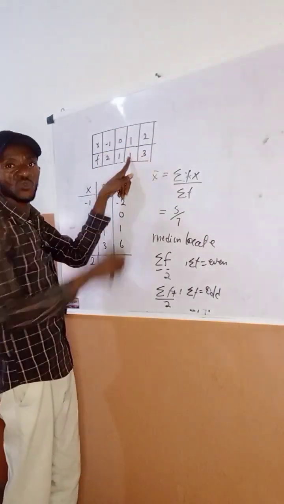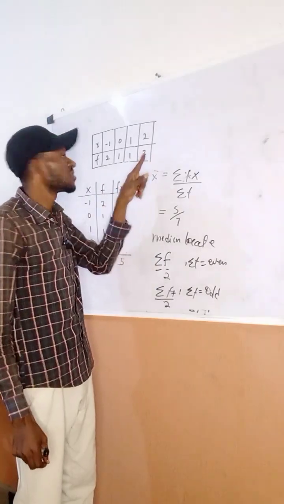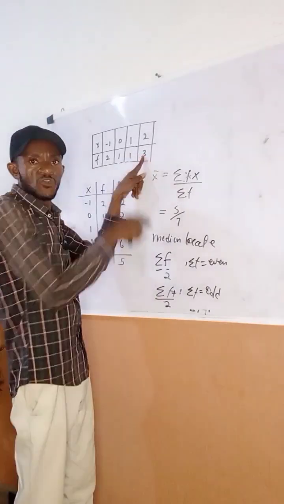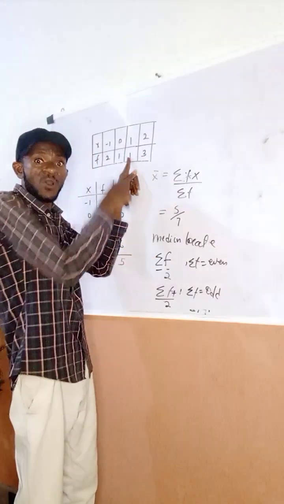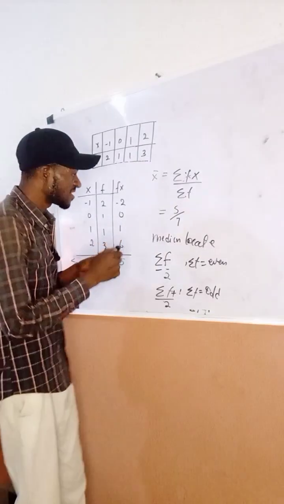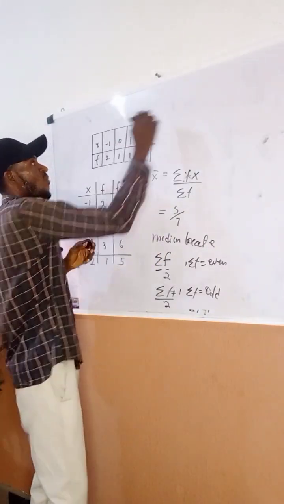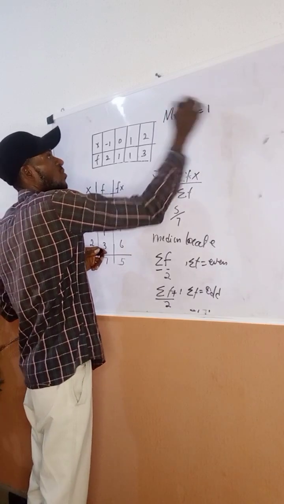So my median here is 1. Or I can come from the other side. Is 4 found in 3? No. 3 plus 1 is 4. Is 4 found in this 4? Yes. What I have here is 1. So my median is equal to 1.